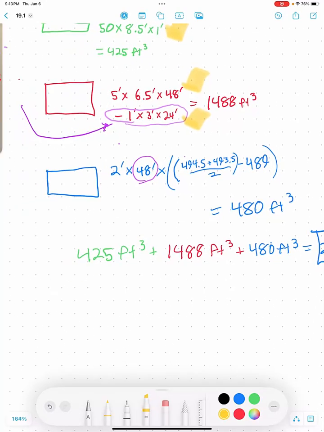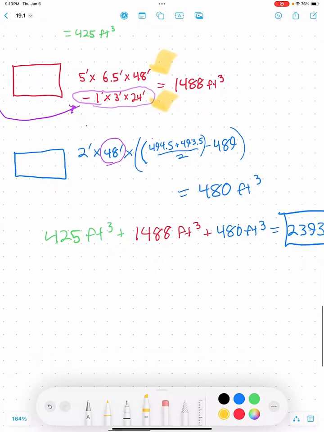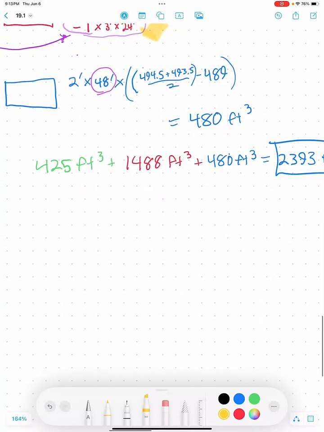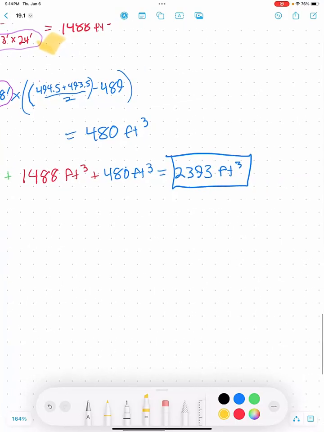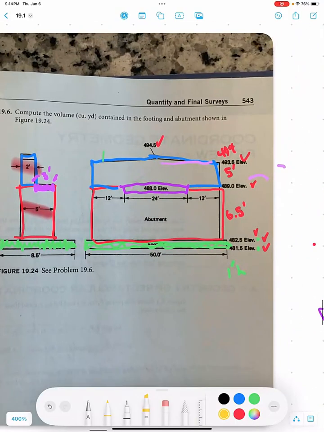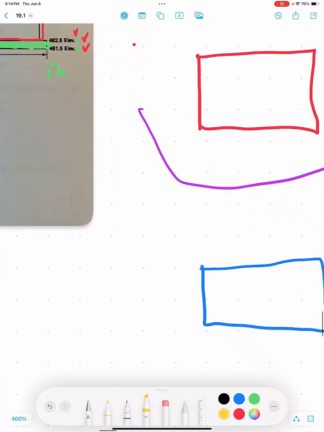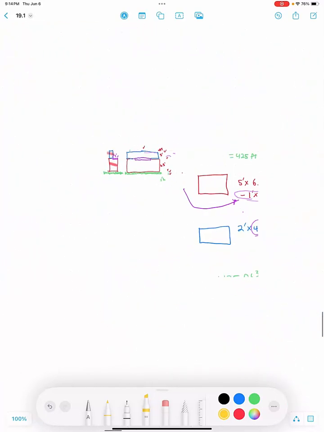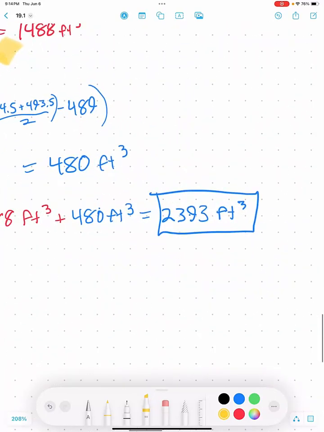I've shown that formula here: 494.5 plus 493.5 divided by 2 minus 489 for the height. That basically gives you that height of 5. So 2 times 48 times 5 gives you the 480 cubic feet. Add all three of those numbers up, and that gives you the total cubic feet.